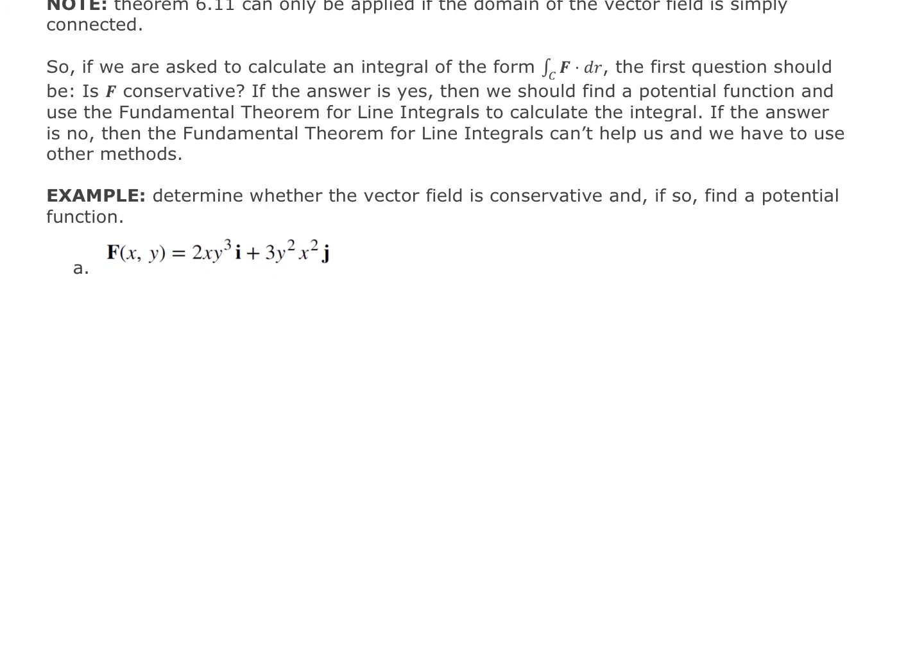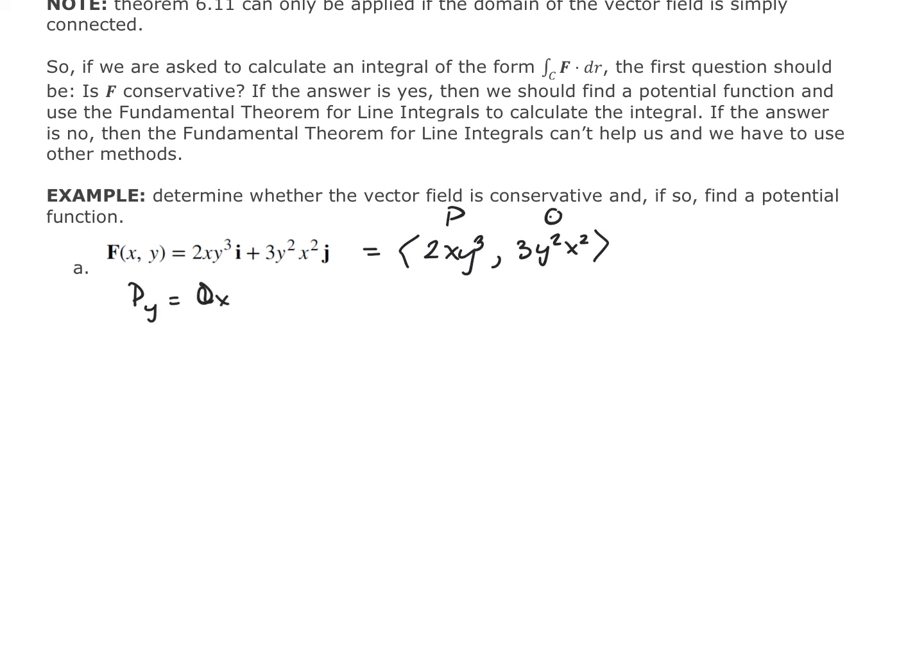So the first thing we're going to do is determine whether the vector field is conservative, and if so, find a potential function. I'm going to write this as F equals (2xy cubed, 3y squared x squared). And I'm only in 2 dimensions, so all I have to do is check to see if P sub y is equal to Q sub x.